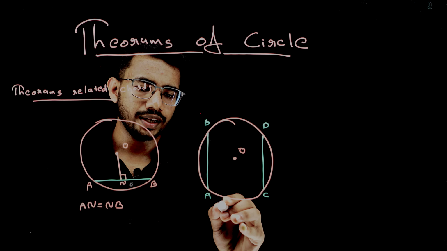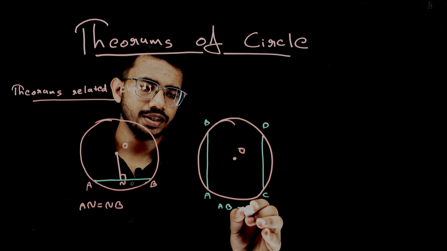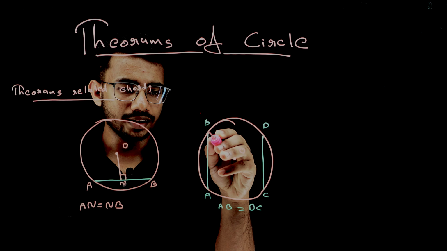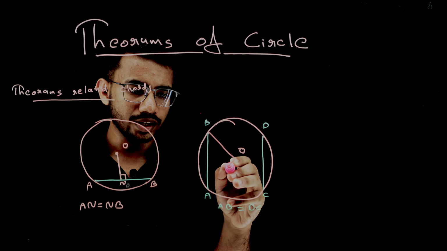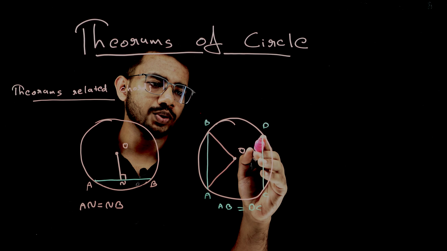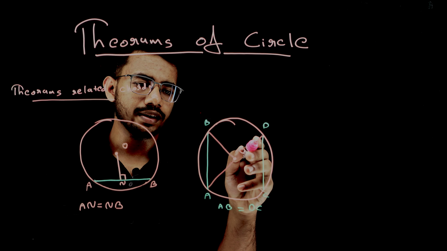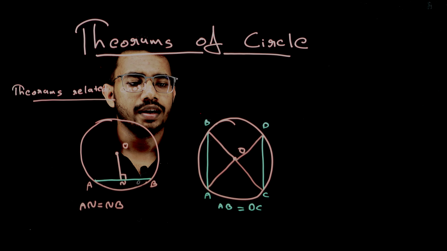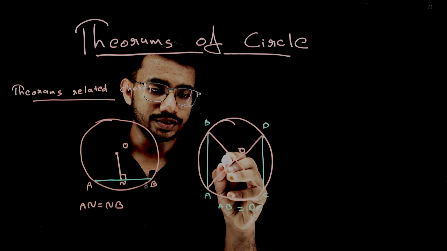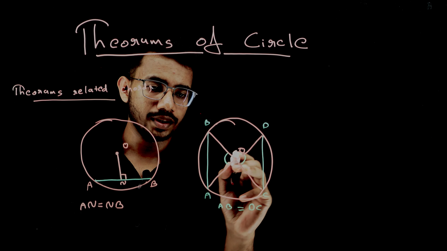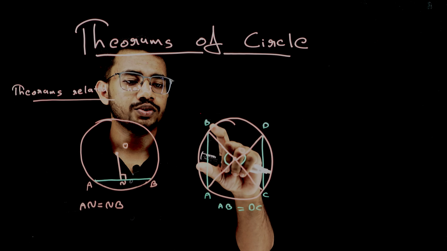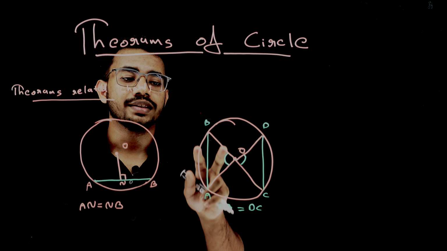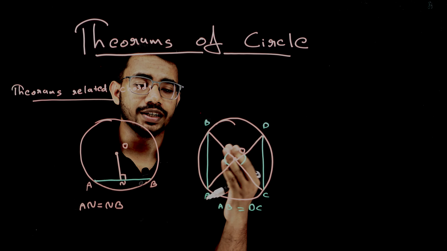That is, AB is the same as DC, and the chord AB is forming an angle at the center like this, and the chord DC is also forming an angle at the center like this. So I'm having two angles here, this angle and this angle. If two chords of the same length are forming angles at the center, then those two angles will be the same. That is the second theorem.